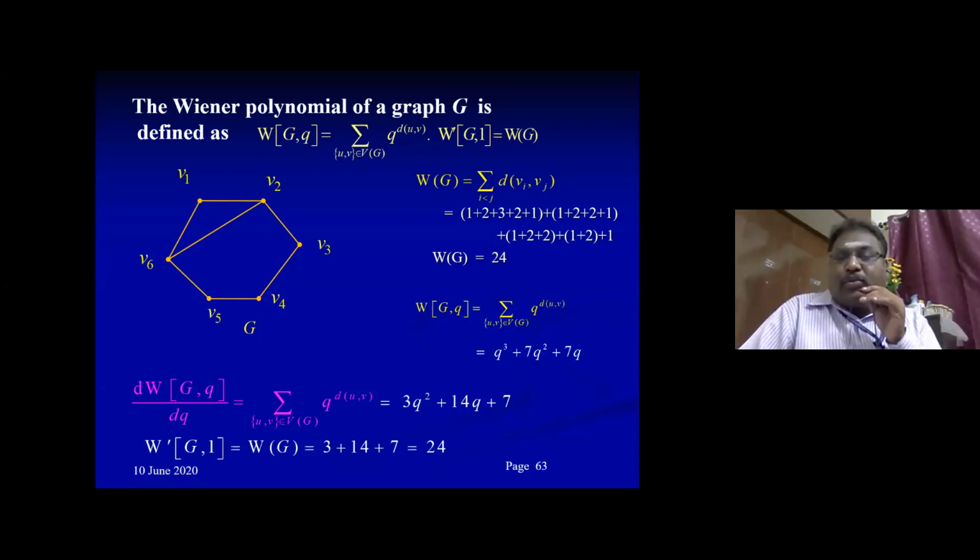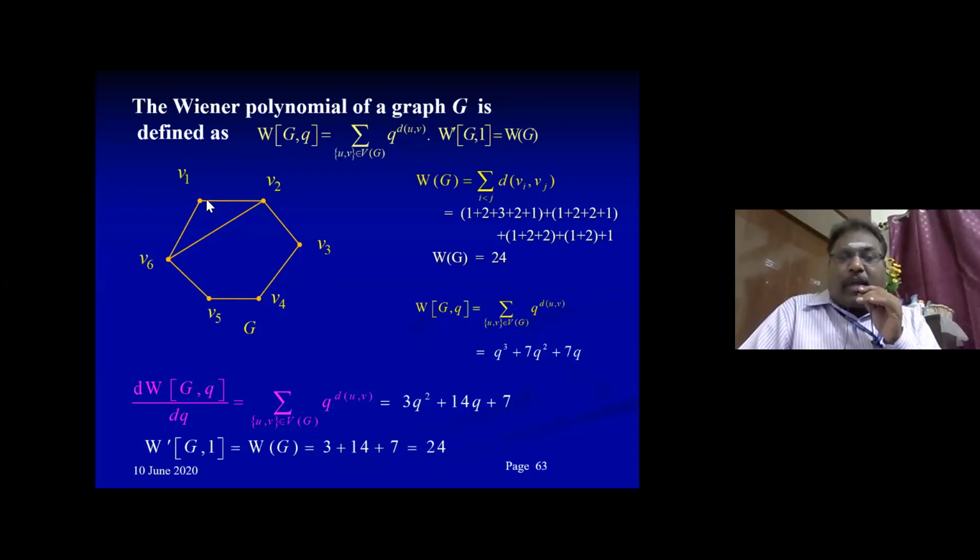How many vertex pairs are there of distance 2? V1, V3, V2, V4, V2, V6, V1, V5, V6, V4, V5, V1, and so on. So there are 7 pairs again. So this is 7q square. How many pairs of vertices are there of distance 3?